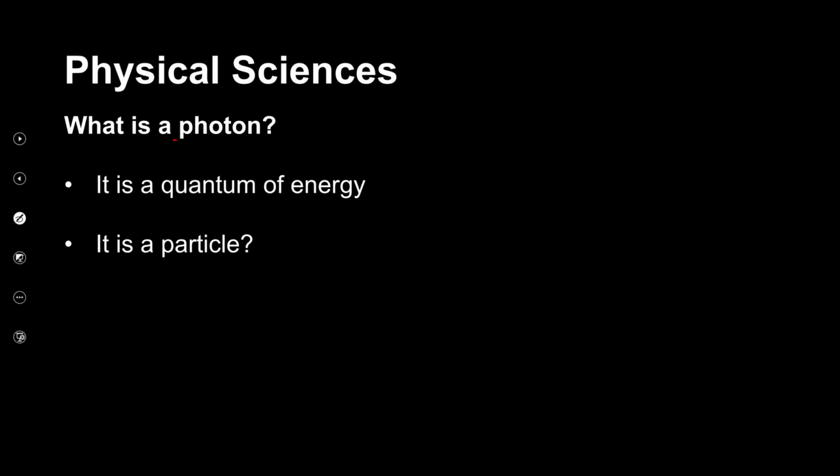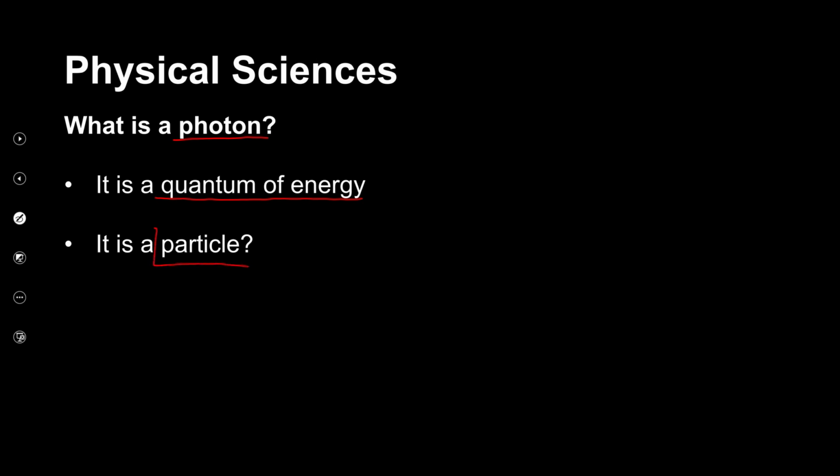So what is a photon? A photon is simply a quantum of energy. Remember from earlier we said that a quantum is a small, indivisible amount of energy. So when we talk about a photon, we are referring to a quantum of energy, a small packet of energy associated with electromagnetic radiation. But this poses another problem.